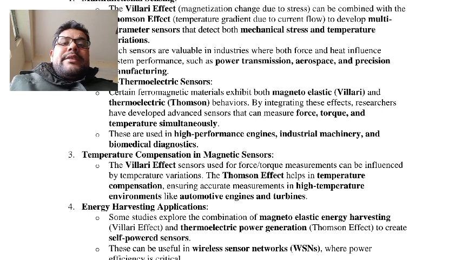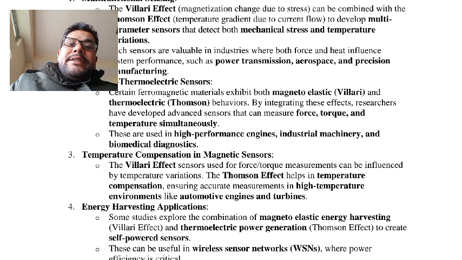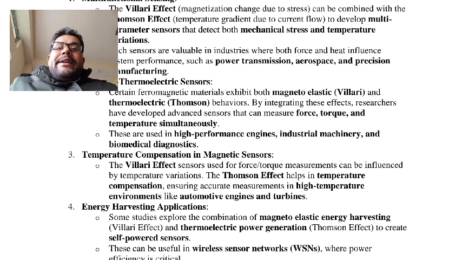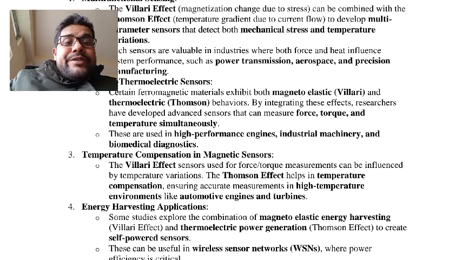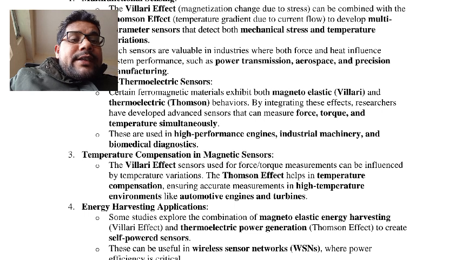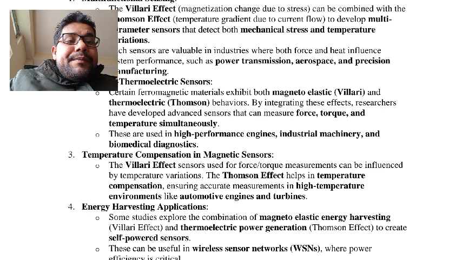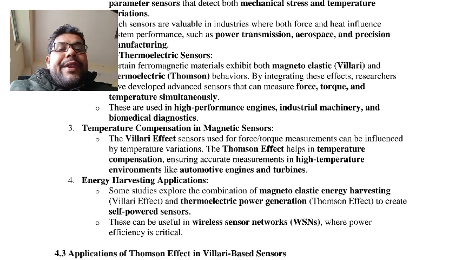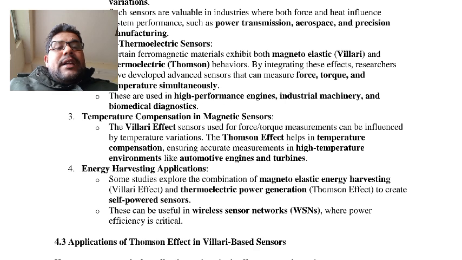If the temperature varies, the instrument output may change because the length can increase or decrease with temperature. The Thomson effect helps in temperature compensation, ensuring accurate measurement in high temperature environments like automatic force engines and turbines.